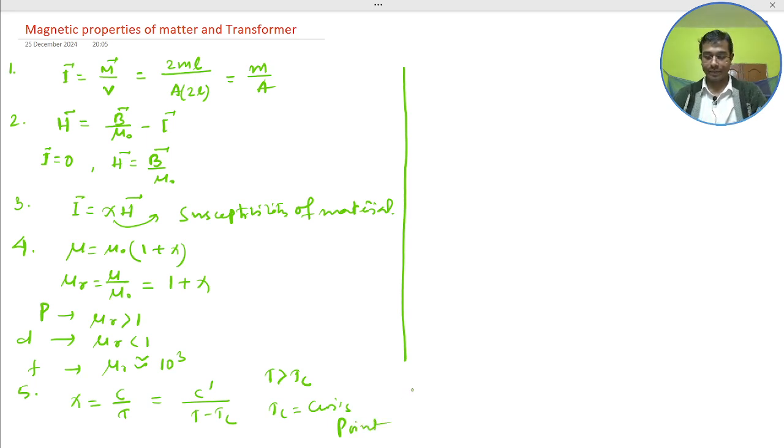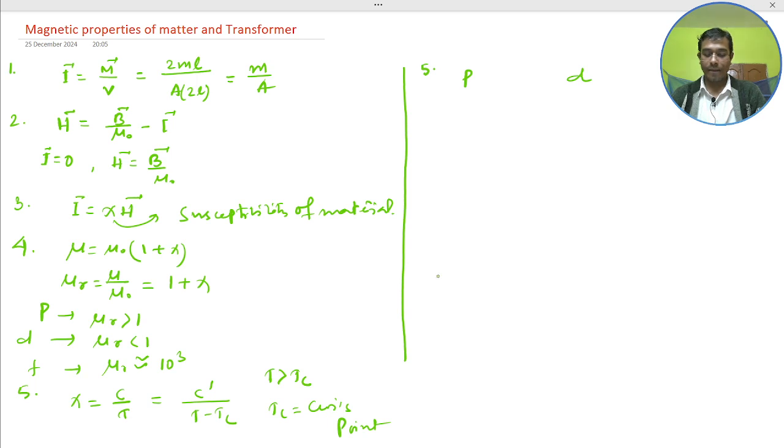Next is the comparison of paramagnetic, diamagnetic and ferromagnetic.